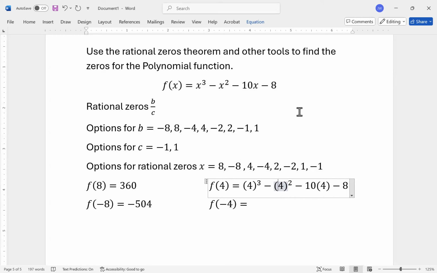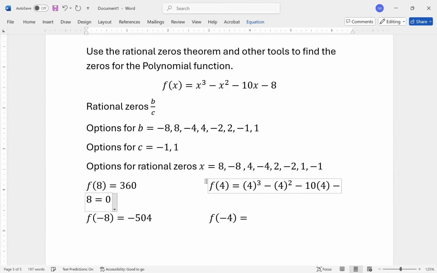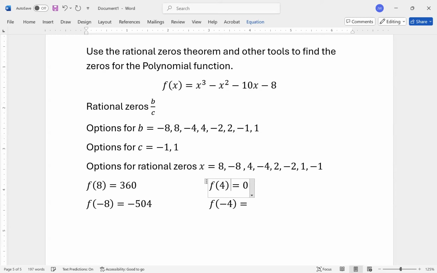And when I do that, I get a 0. So when I plug in a 4, I get a 0. That means x equals 4 is a rational 0 of my polynomial function.